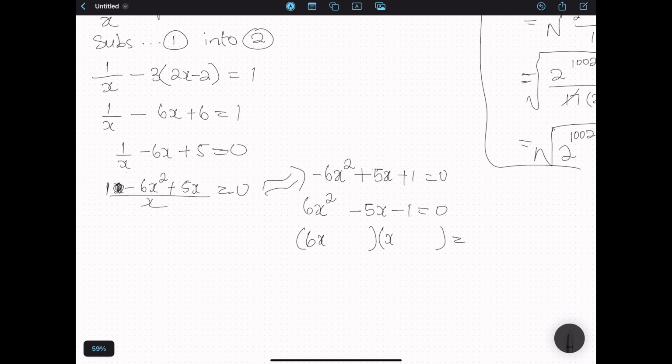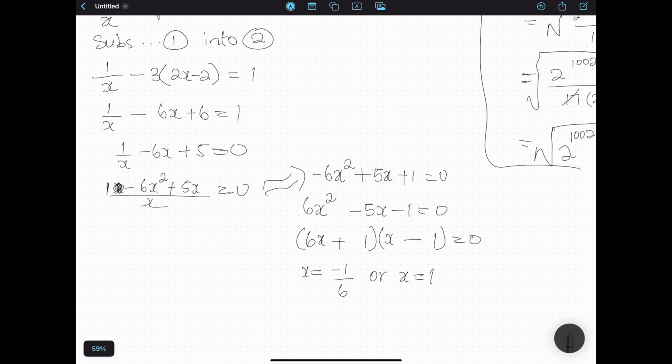We want to have minus 5 here. If we want to have minus 5, we're going to have plus 1. Then the one with the bigger one has to take the minus sign. Then that's what we have. x is equals to minus 1 over 6, or x is equals to 1.